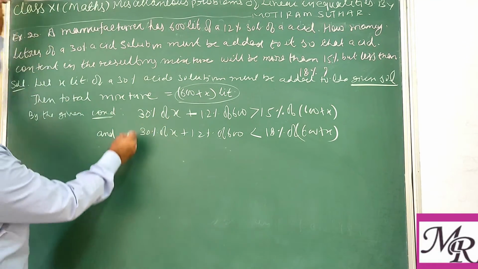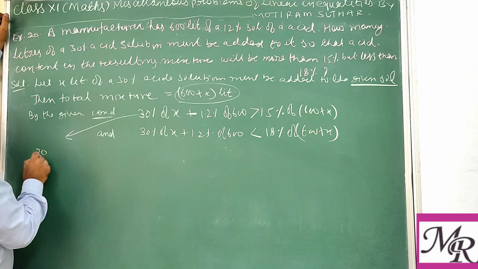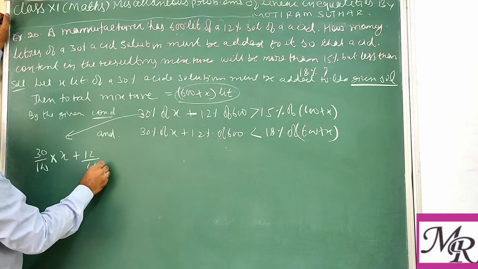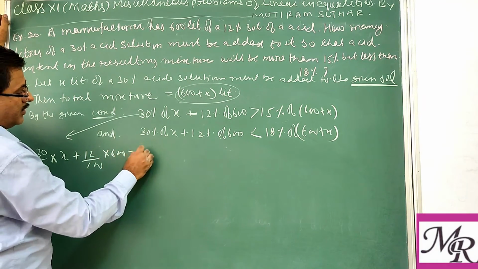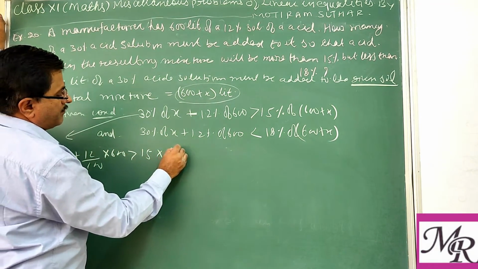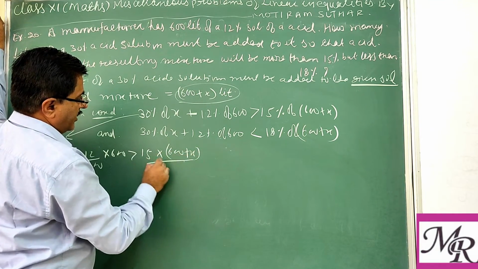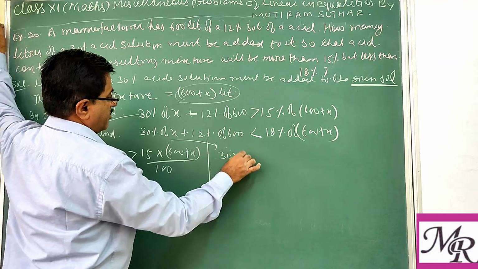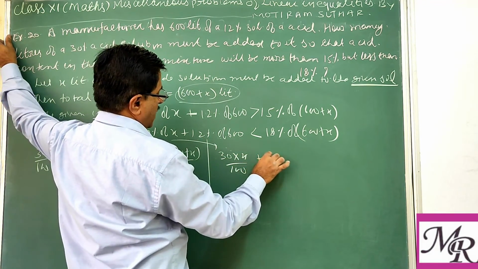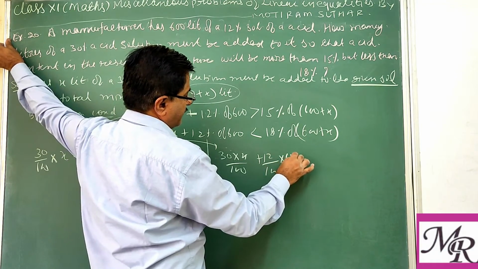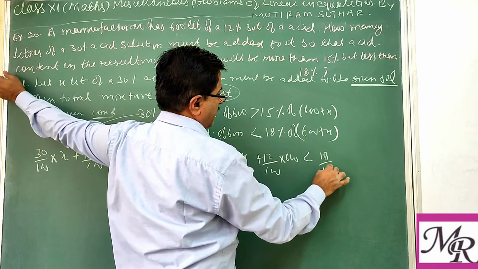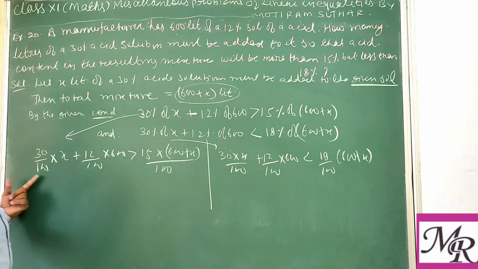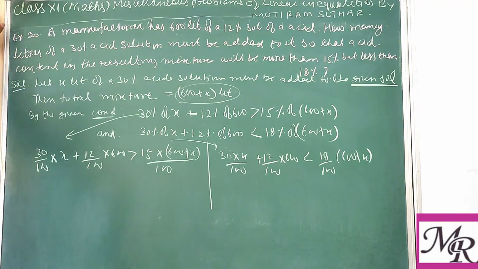So this is the first, you can write 30% of x plus 12% of 600 greater than 15% of 600 plus x. So throughout 100 can be cancelled. And in the second problem we write 30% of x plus 12% of 600 less than 18% of 600 plus x. So throughout 100 can be cancelled out in those inequalities.